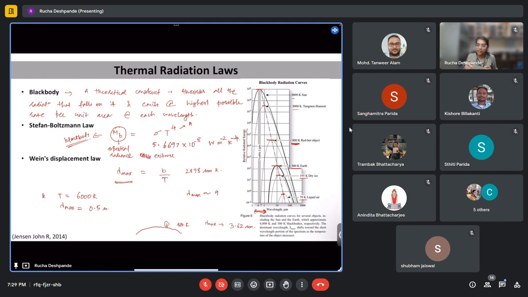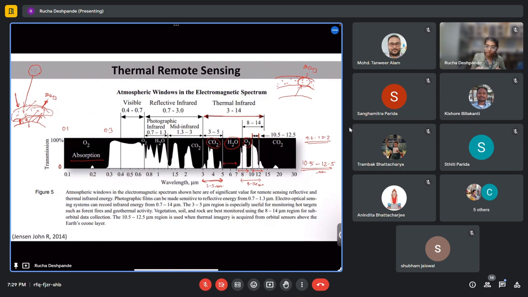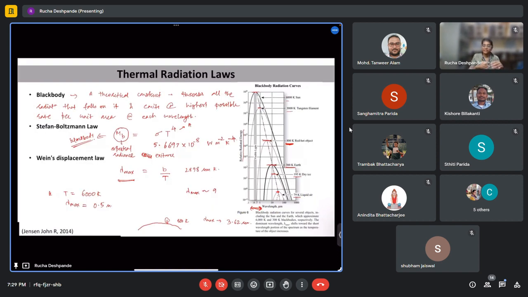So depending on the temperature of the objects, we can select the wavelength region in which to study. This lambda max helps us select the appropriate wavelength region in which the object would be emitting the highest energy.